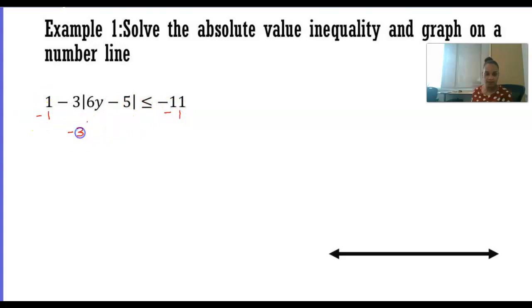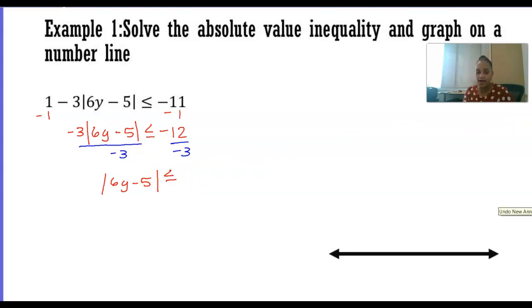I have negative 3 times the absolute value of 6y minus 5 is less than or equal to negative 12. I still need to continue isolating, so I'm going to do the inverse operation and divide by negative 3. I'm left with the absolute value of 6y minus 5 is less than or equal to, wait a minute.